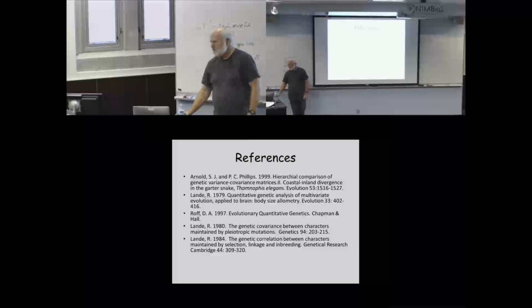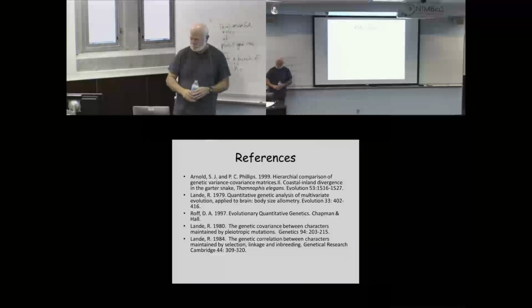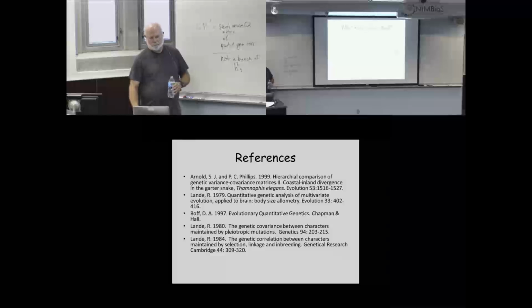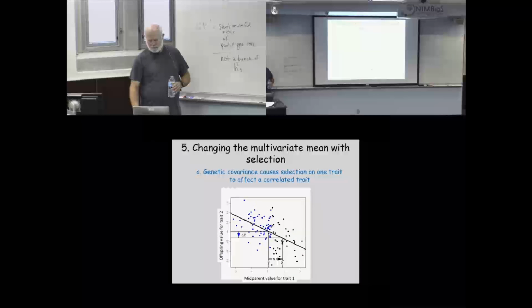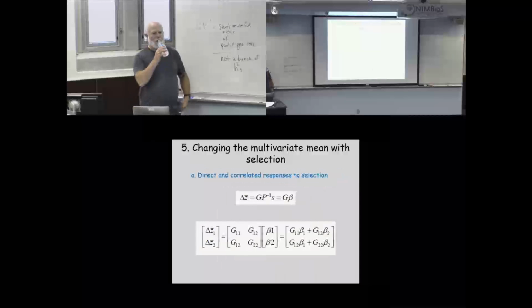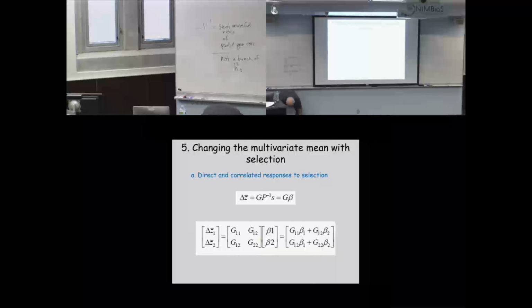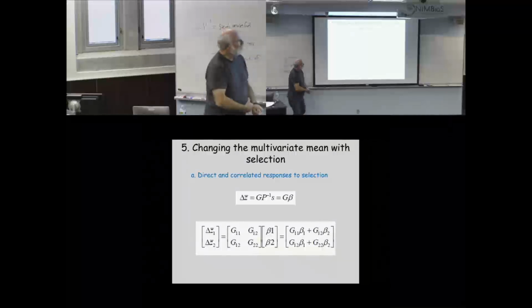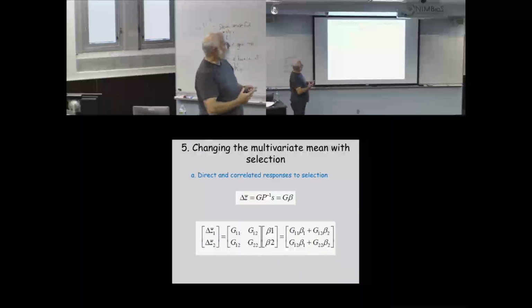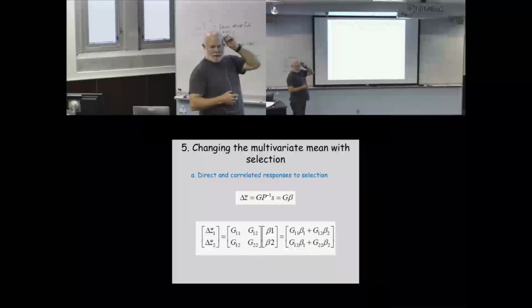So in deriving the response to selection, the change in Z1, if you go back to your matrix notation... I guess it's very non-intuitive that the main diagonal, G11 and G22, are not the heritabilities. Of the G matrix? Correct.